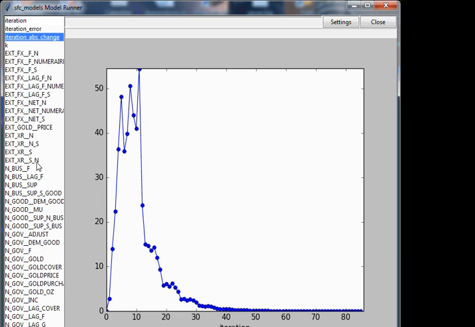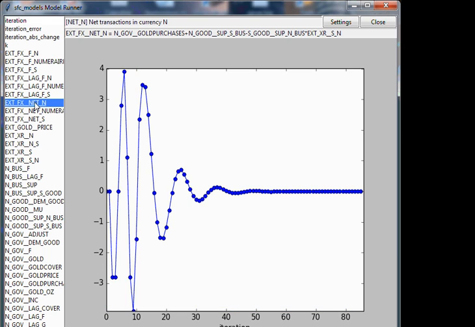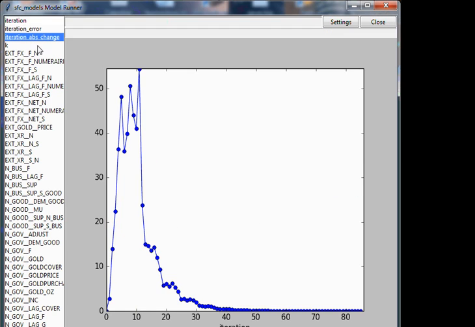But what that does, see here, the lags in the system cause this thing to oscillate, and then until period 10 they're just bouncing back and forth, and then suddenly it's coming in.